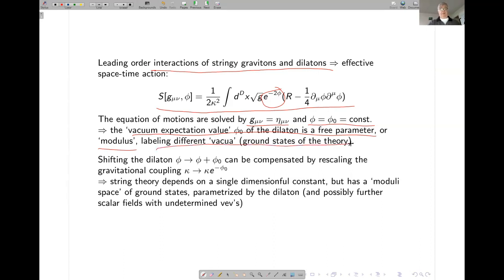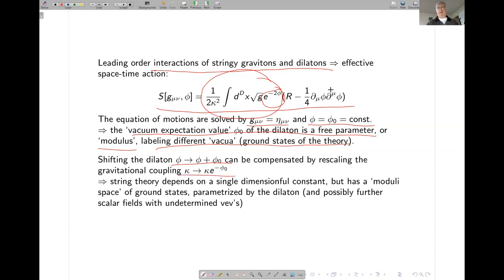How does this relate to our issue with different fundamental scales? Now, if you look here, how this dilaton exponential is paired up with a gravitational coupling constant in front, then you can see that a constant shift of the dilaton, which we can interpret as changing its vacuum expectation value, is equivalent to rescaling the coupling constant kappa.